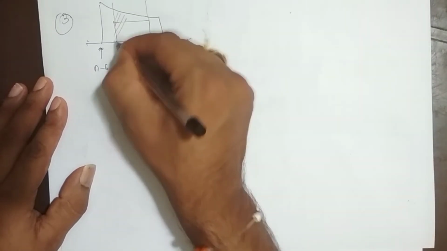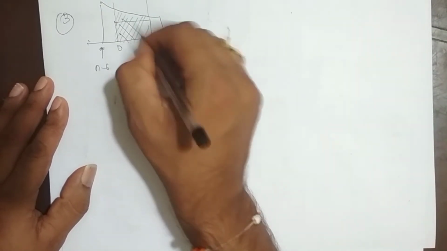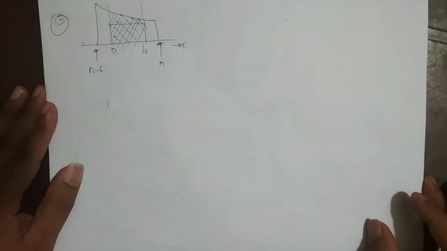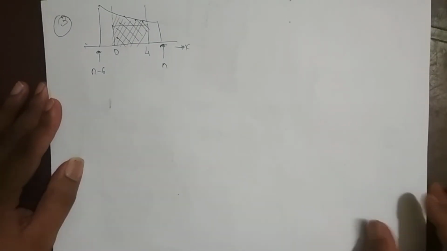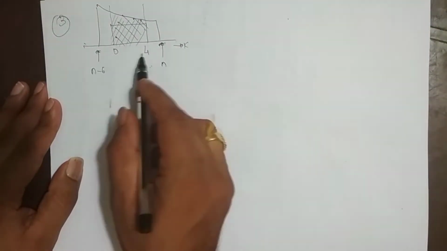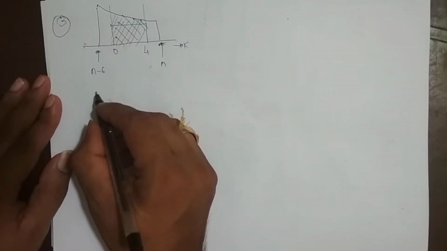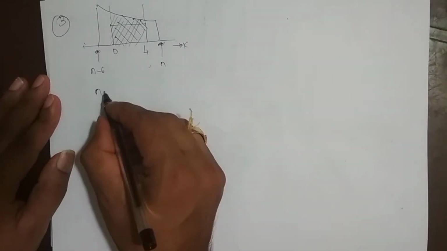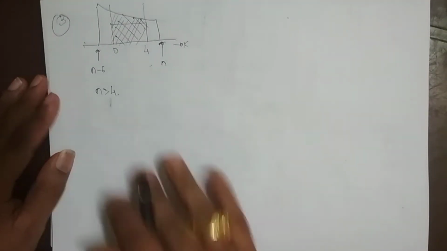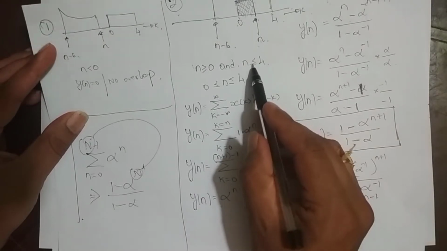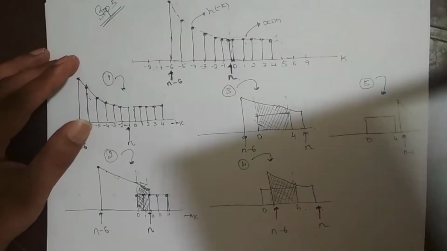What is the overlapping region? The overlapping region is in between 0 and 4, so it is independent of n now, because wherever you move within the boundary of n, it will remain the same. So what is the condition? When n is greater than 4, because in the previous problem I included 4 equal to 4, so I have to exclude the 4 here.